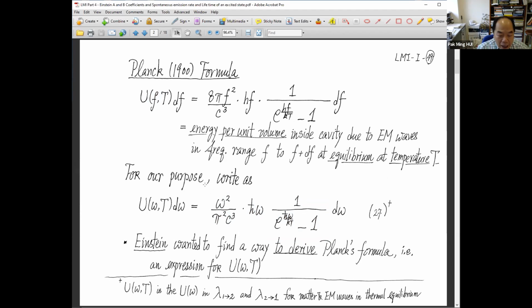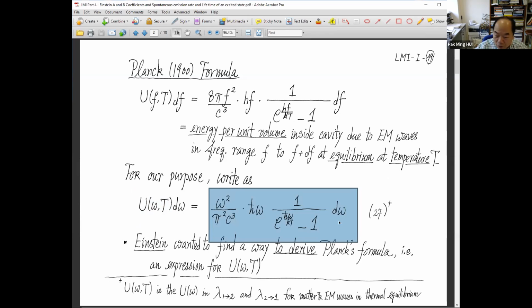So take a last look at this Planck's formula. The EM wave strength, the kind of energy density from omega to omega plus d omega is that much. That is what Planck's formula says.